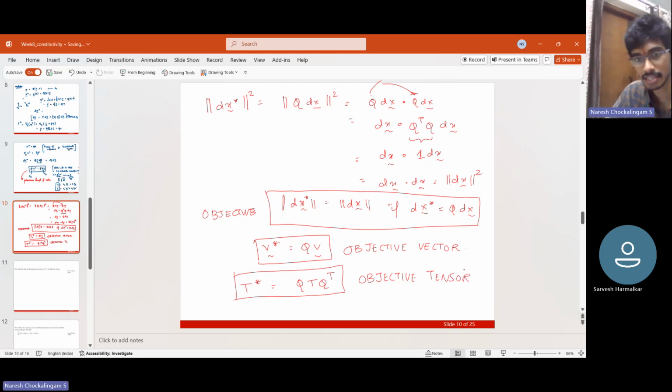So why is this condition implying that the tensor is objective? This is because two different observers, O1 and O2, making measurements of a tensor T against different frames of reference will report the same invariance.